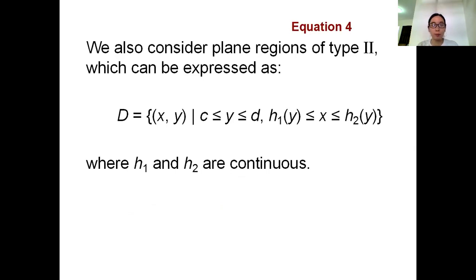So we also consider plane regions of type 2, which can be expressed as D is equal to the set of (x, y) given that c is lesser than or equal to y, lesser than or equal to d, and the second limit is h sub 1 of y is lesser than or equal to x, lesser than or equal to h sub 2 of y, where h sub 1 and h sub 2 are continuous.